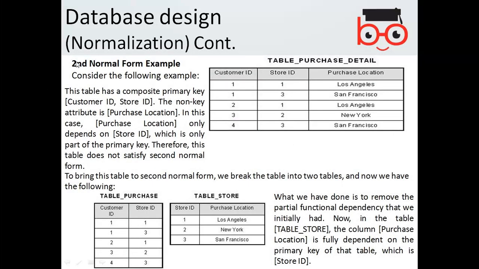In order to make it second normal form, you create a table where the customer ID is related to the store ID only. Like customer ID 1 did a purchase from store ID 1, 1 purchased from store ID 3, 2 did a purchase from store ID 1, and store ID has a relationship with a particular location.